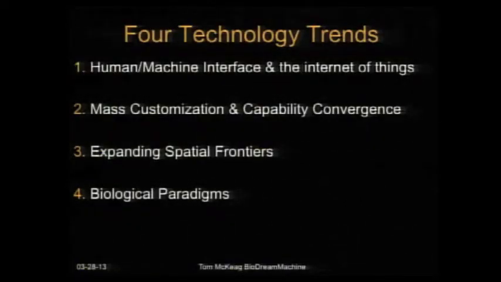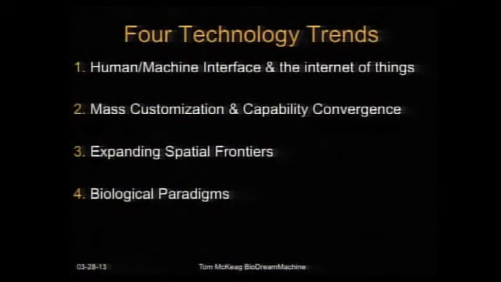So 4 technology trends that I think we're seeing today. Number 1, human-machine interface and the Internet of Things, right? We're going to see, and I'll go into each one of these separately. Second is mass customization. Mass customization and capability convergence. Number 3, expanding spatial frontiers.